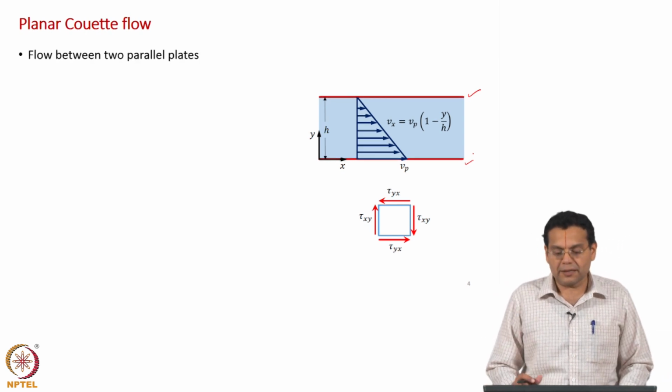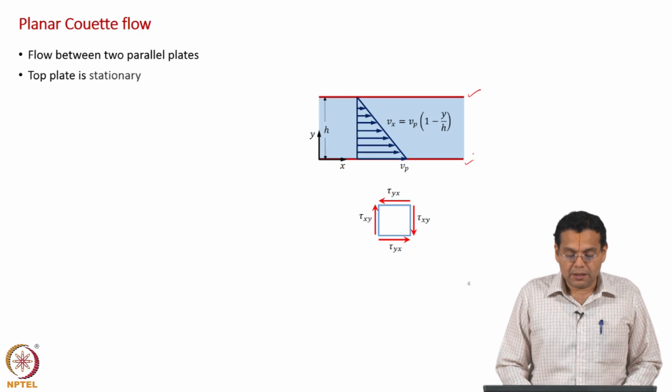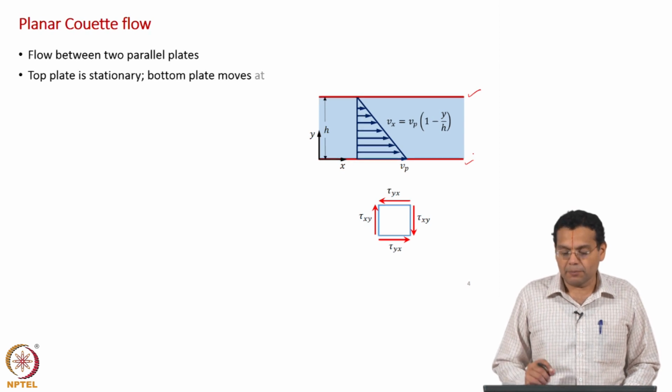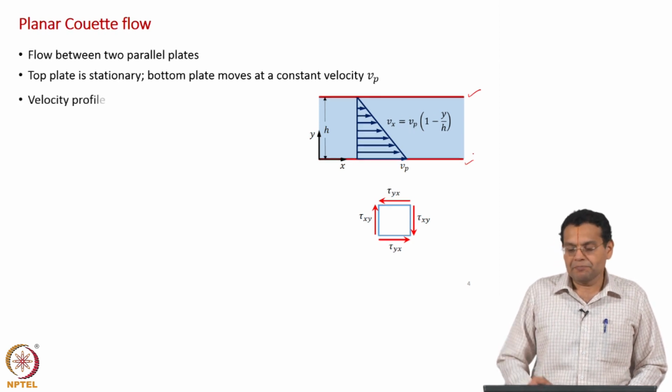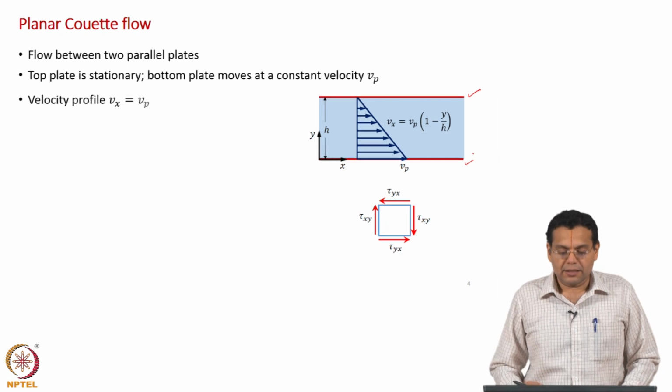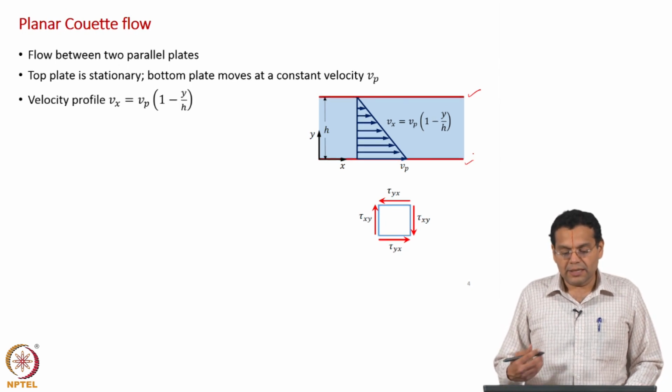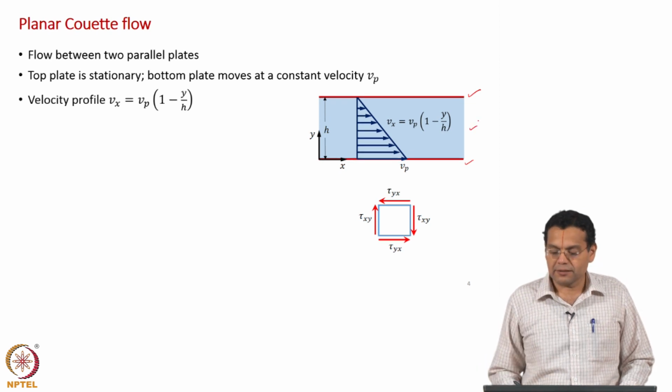So, flow between two parallel plates, top plate is stationary, the bottom plate moves at a constant velocity V_p. Now, what is the velocity profile? If we go through the same procedure as we have followed earlier for deriving the velocity profile for planar Couette flow, for this case what is that?